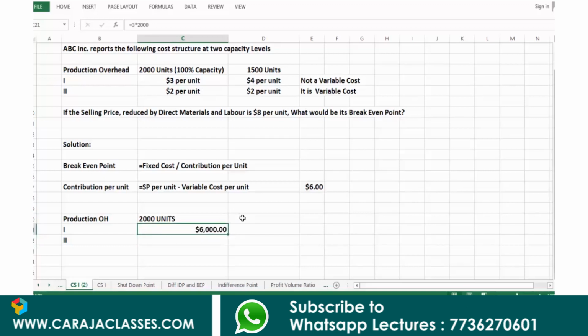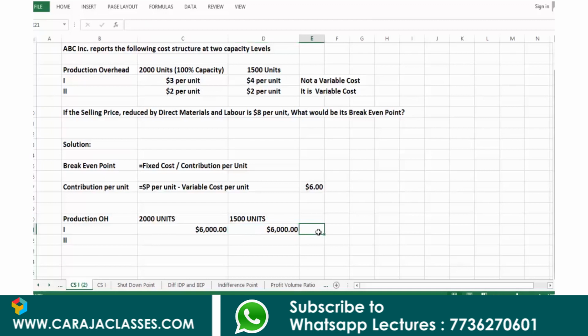And when your production has come down to 1500 units, what's happening to the production cost per unit? For overhead 1, it is becoming $4 per unit. So $4 multiplied by 1500, and if you note, the cost is $6,000. So when it is 2000 units, the cost is $6,000, and when it is 1500 units, the cost is still $6,000.